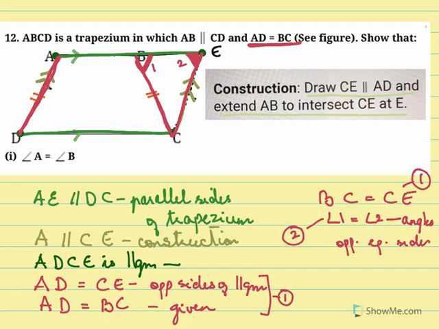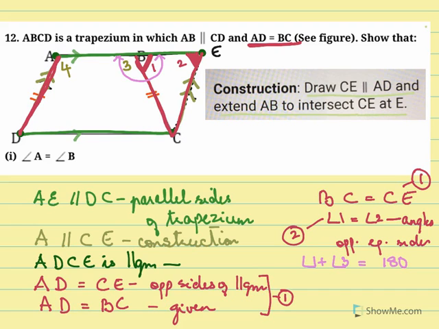Now I need two more angles, and that is 3 and 4. Now what can you say about angle 3 and 1? They form a linear pair. So angle 1 plus angle 3 is 180, linear pair. Now I can find another 180 here.